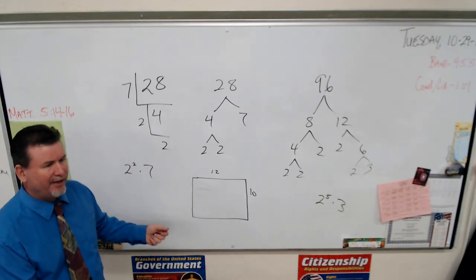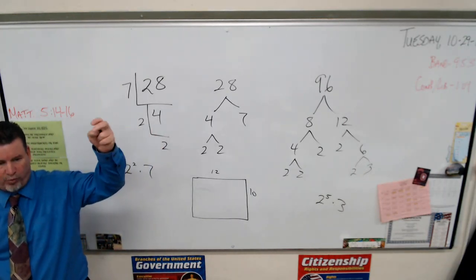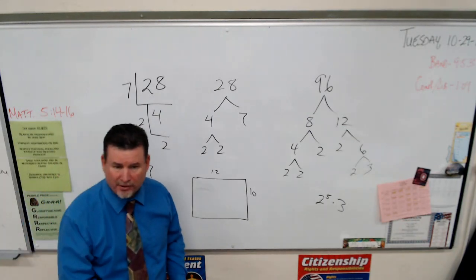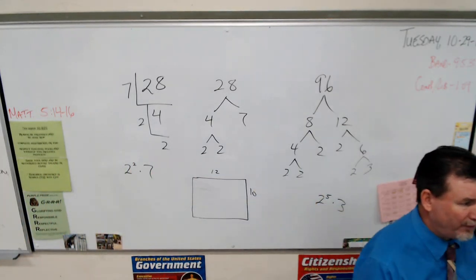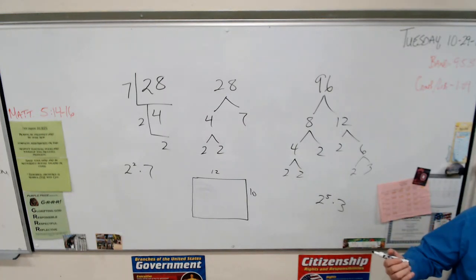You can turn it. It's a little longer than it is wide. Is there another one that would be reasonable, besides a 12 by 10? They've got 2 listed here. They got a 12 by 10 and what other one might be reasonable?